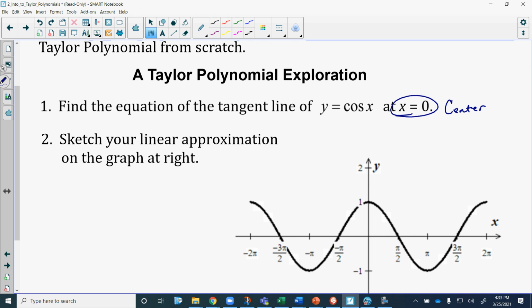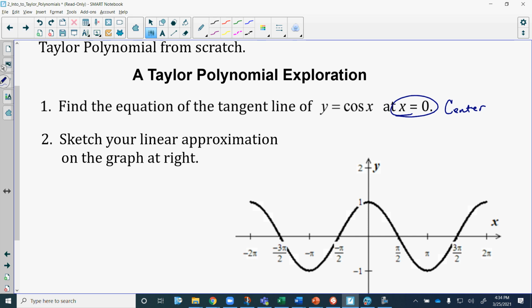Well, Maclaurin polynomials do essentially the same thing that Taylor polynomials do, but they focus on centers that are just 0. So Taylor polynomials in general can have a center of anything, but Maclaurin polynomials focus on things that have a center at 0.